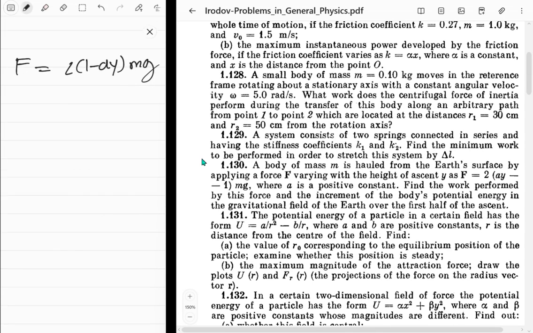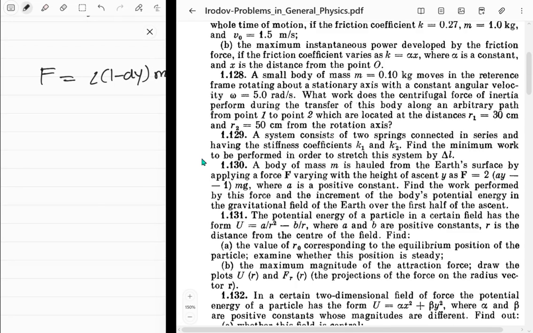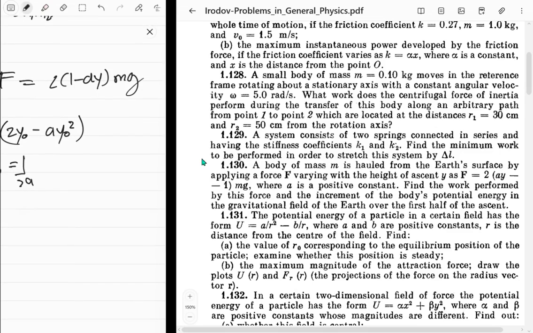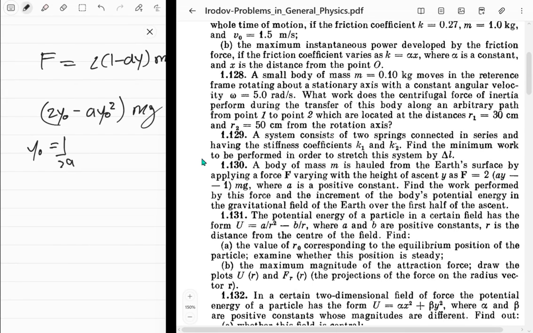So integrating this thing to y, then it is plus 2y, and 1 upon 2a is the midpoint. So just put that in there. y naught is equal to 1 upon 2a. So 2y naught minus a y naught squared, and that times mg. That is our work done by this force.